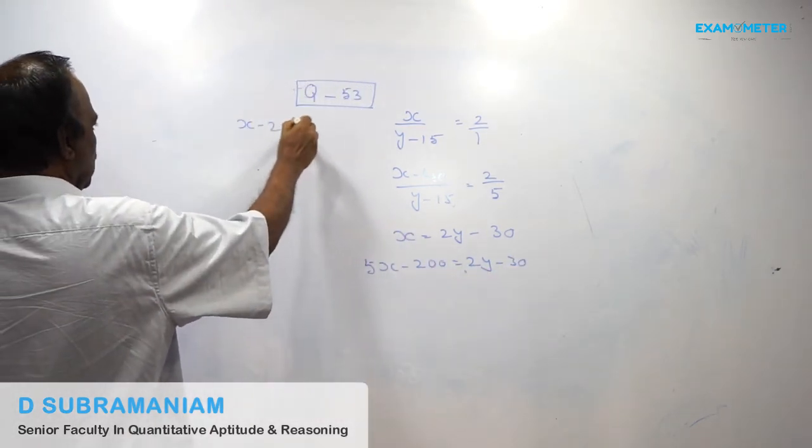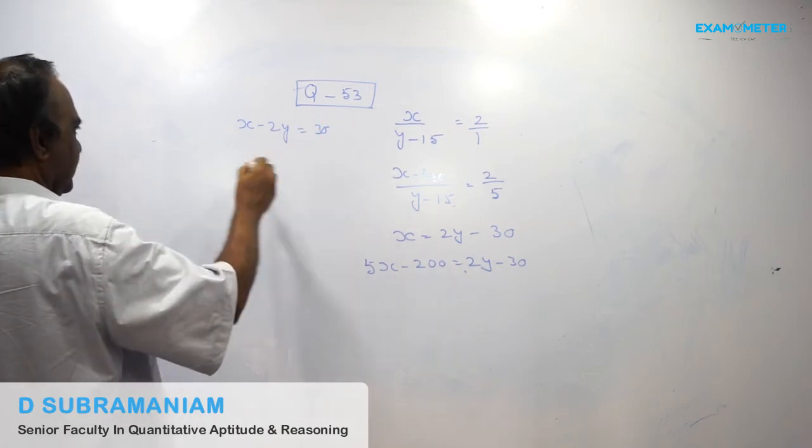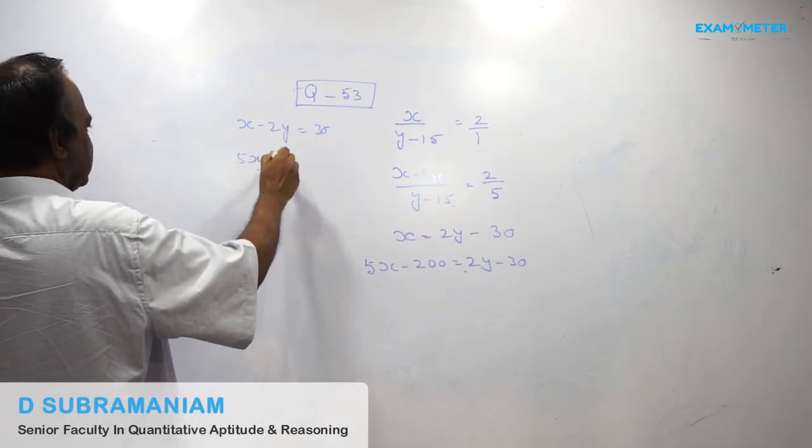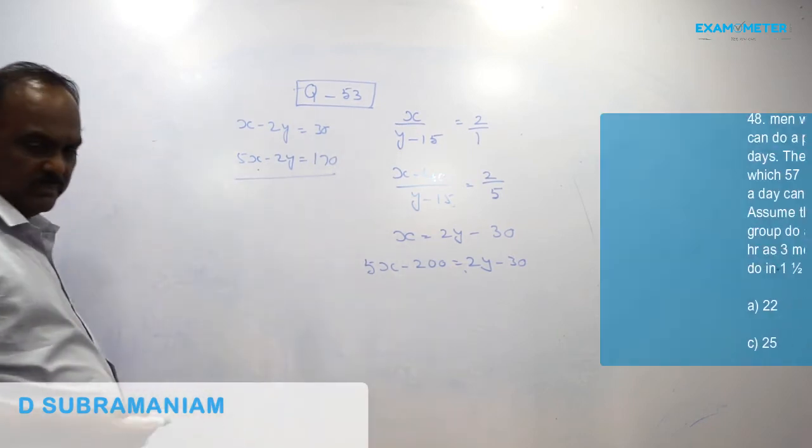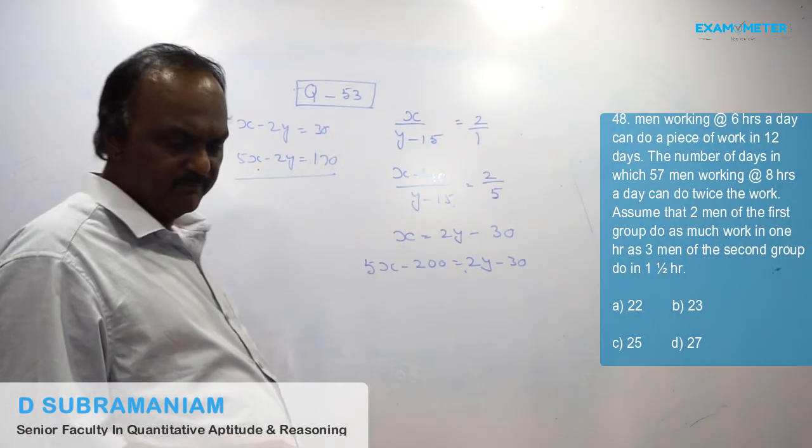So x minus 2y is equal to minus 30, and 5x minus 2y is equal to 170.